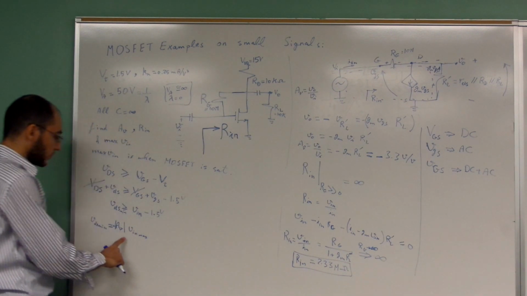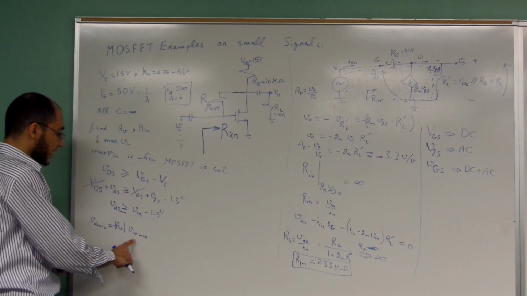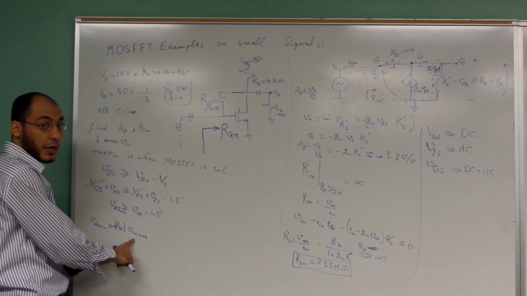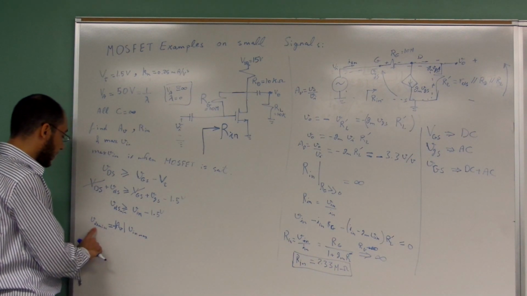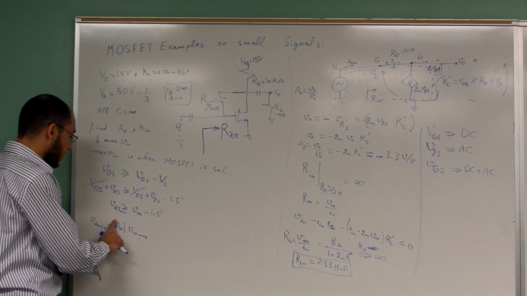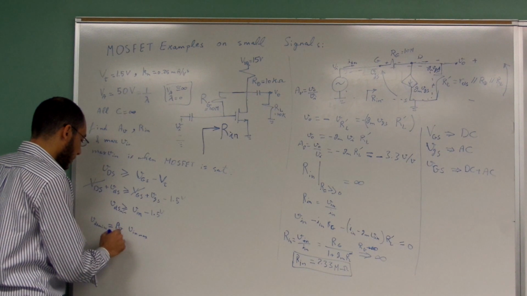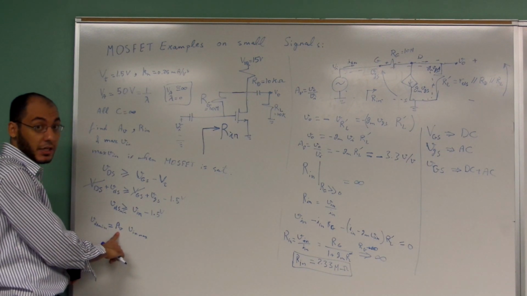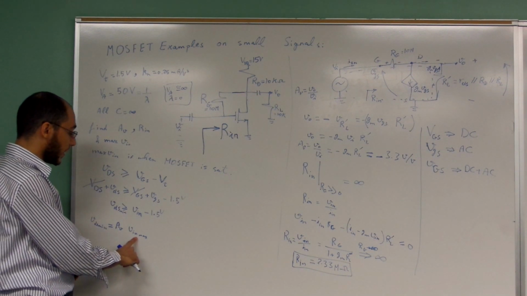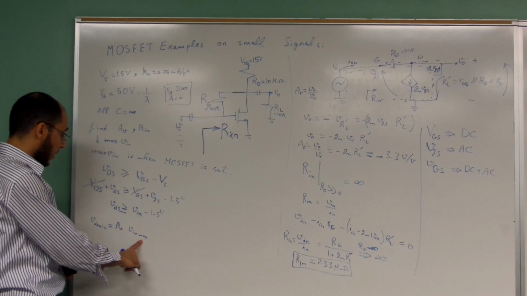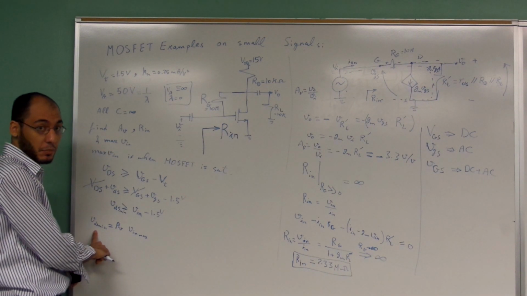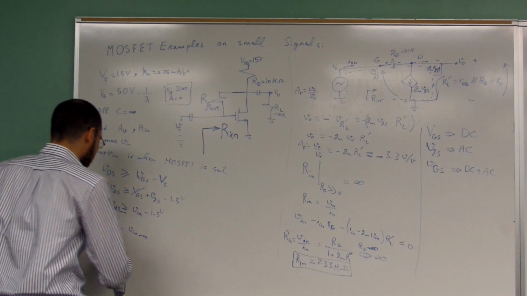Why? Because when V input is very, very high, then you expect this vds min. Since AV is negative, then Vin maximum corresponds to vds minimum. So I could write it in this way.